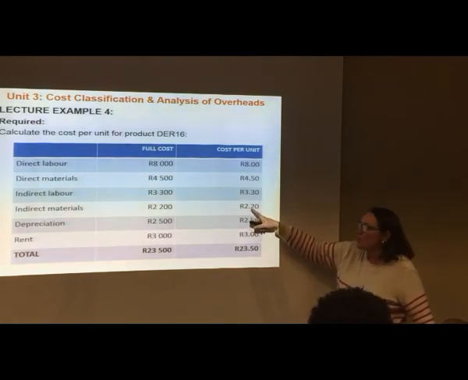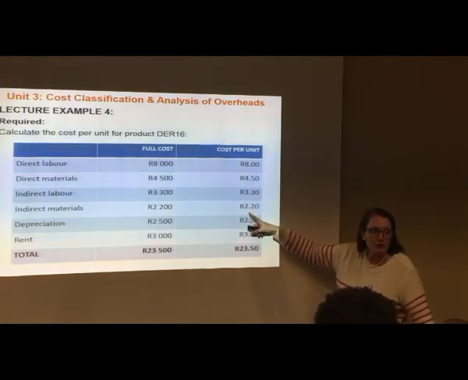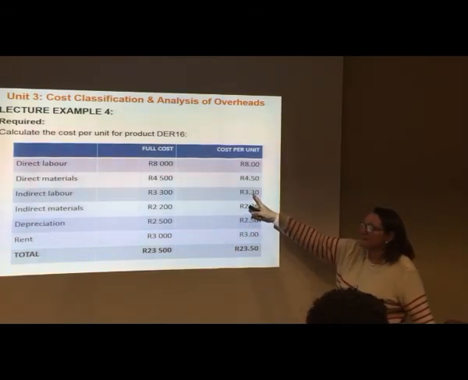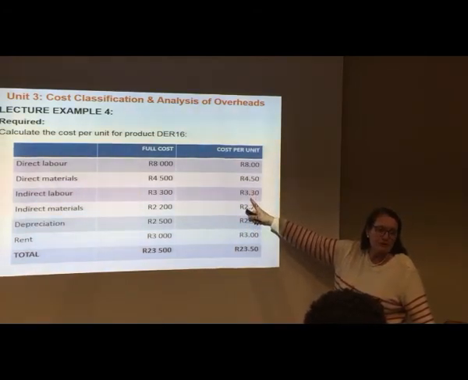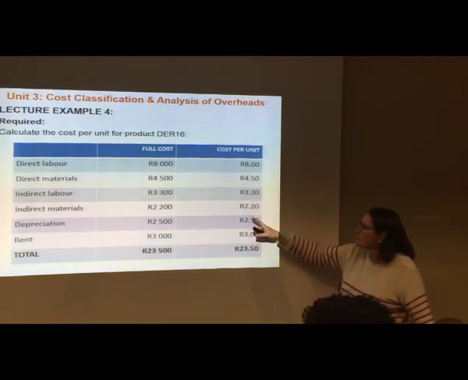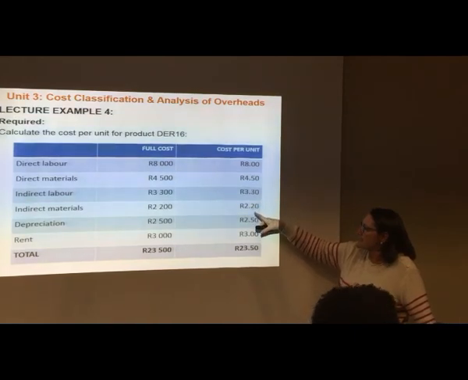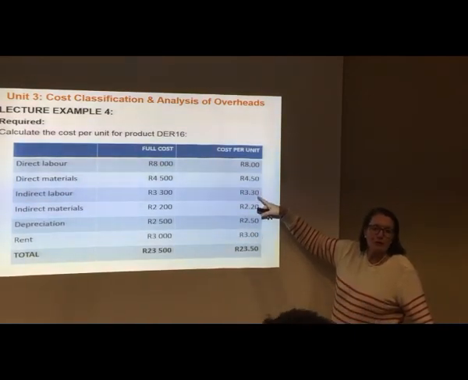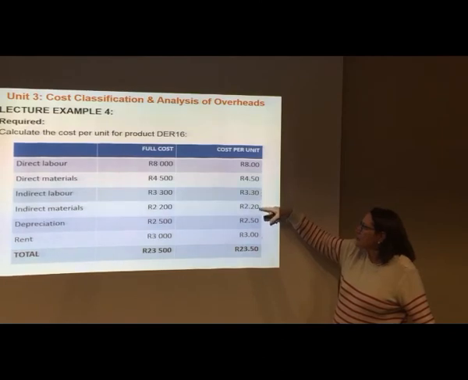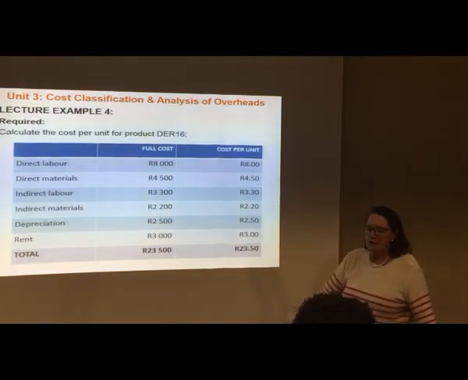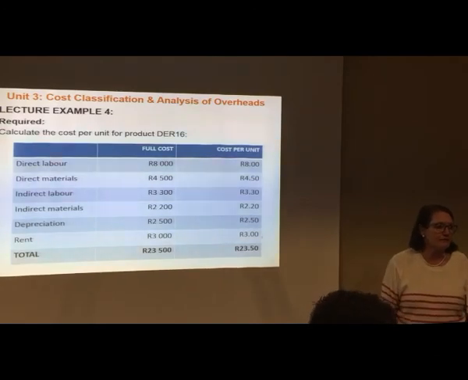So this must be 1 Rand times 2.2. This is 1 Rand 50 times 2.2. So the amounts are the same, 1 Rand and 1 Rand 50. The difference is that here you're using 2.2 labor hours on each unit. So you must multiply by 2.2. So this becomes 2 Rand 20 and that becomes 3 Rand 30. Therefore your total is 23 Rand 50.